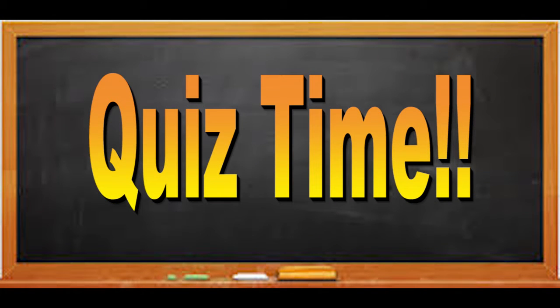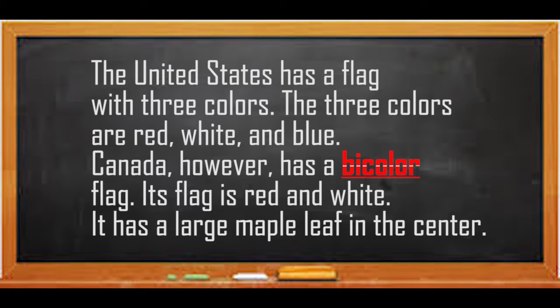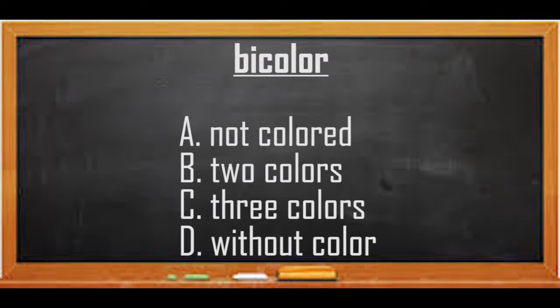It's quiz time. The United States has a flag with 3 colors. The 3 colors are red, white, and blue. Canada, however, has a bicolor flag, and its flag is red and white. It has a large maple leaf in the center.